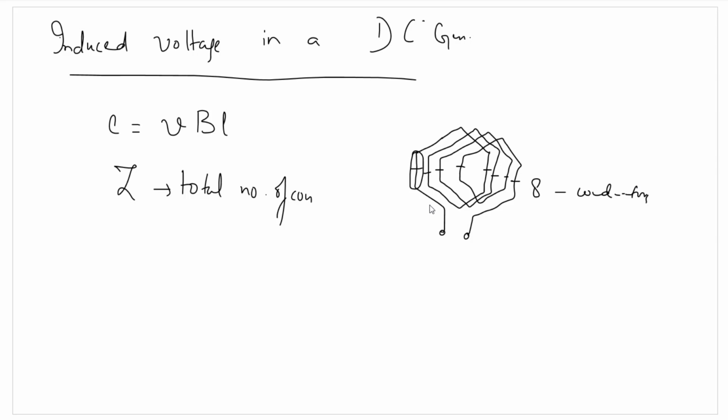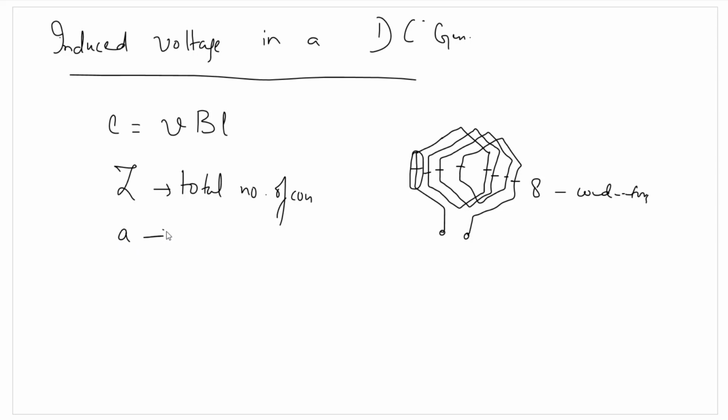Each coil has two conductors, so if the number of turns is 4, the total number of conductors will be 4 cross 2, that's 8. So Z here refers to the total number of conductors.